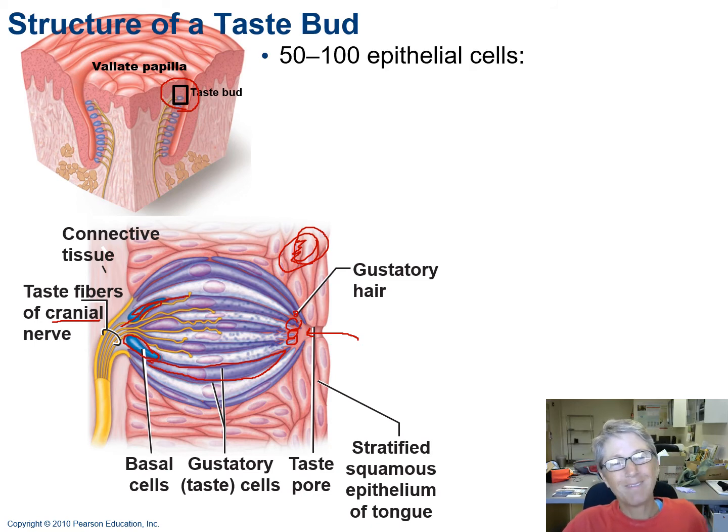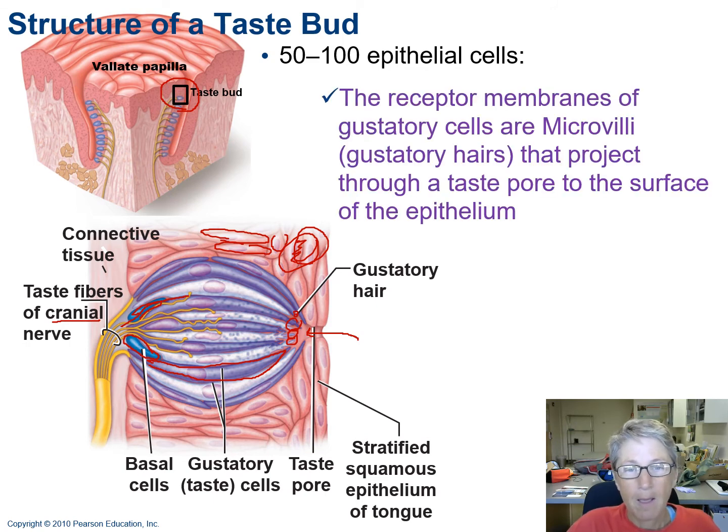So a taste bud consists of about 50 to 100 epithelial cells, and I told you all these guys surrounding the taste bud, these are all epithelial cells. It's a single taste bud. And then the gustatory cells, you have these gustatory hairs. They're basically microvilli, so that means they're projections of the plasma membrane, and they project through this taste pore to the surface of the epithelium.